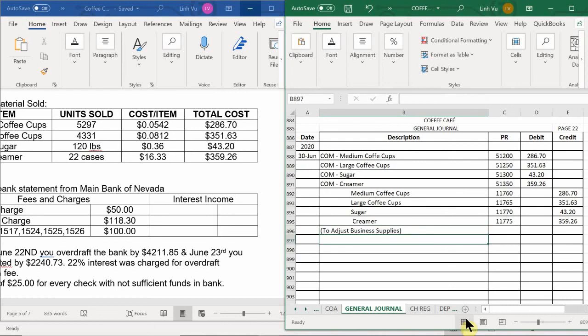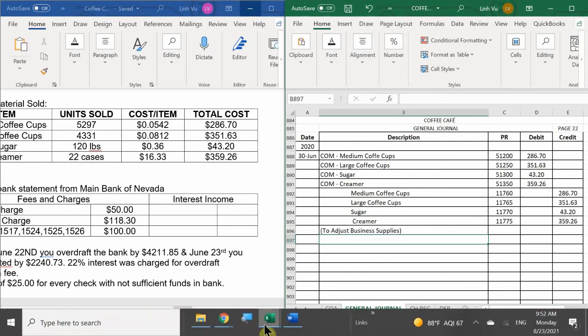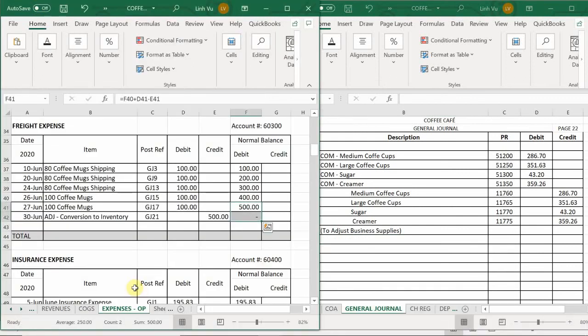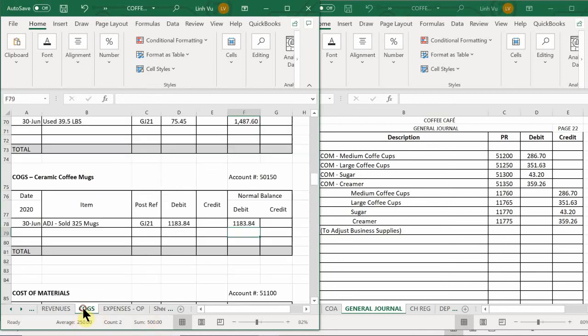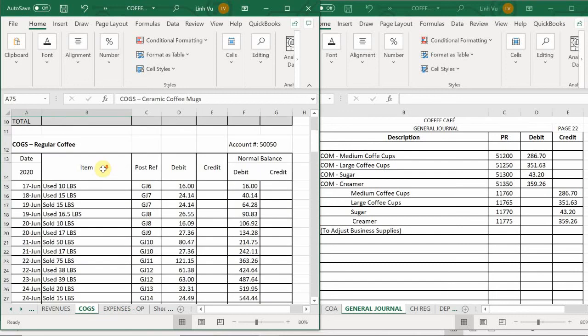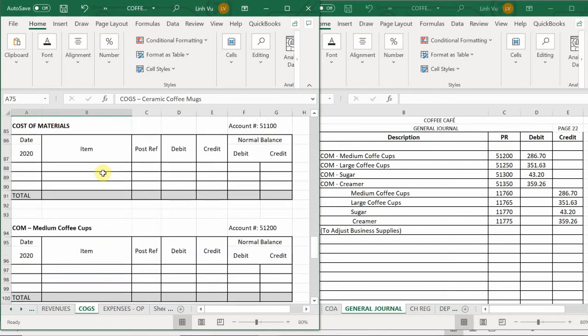So now let's go ahead and actually adjust our business supplies by placing it into our ledger so we can see where the coffee cups went. Okay, so in this case, first thing we're going to do is go to cost of goods sold because I made this account, right? We have cost of goods sold, and then we have another section called cost of materials.